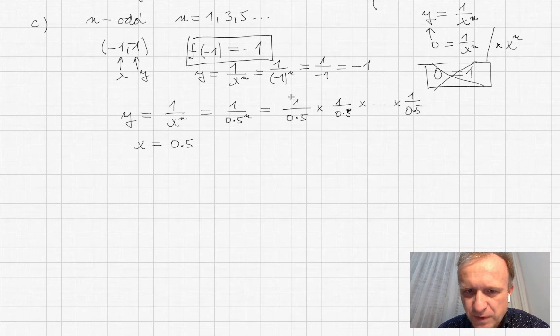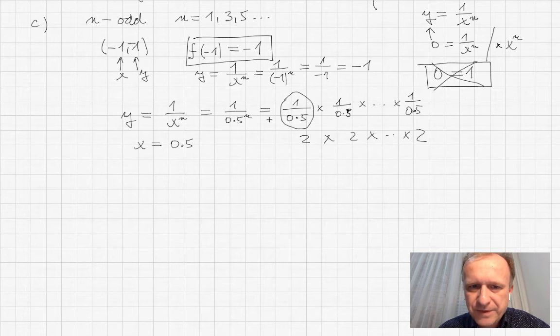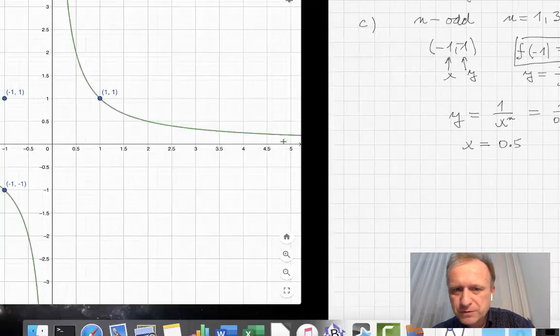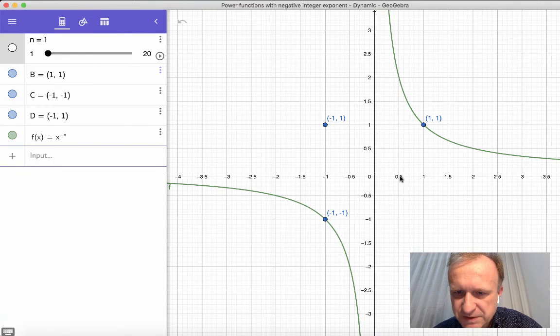You may know that 1 over 0.5 is 2, so we have 2 times 2 times 2, etc. times 2. So the greater the value of n, the more factors of 2 there are in the expression evaluating y. So when n is just 1, you get the function value of 2, which corresponds to this. At 0.5 we have the function value of 2.